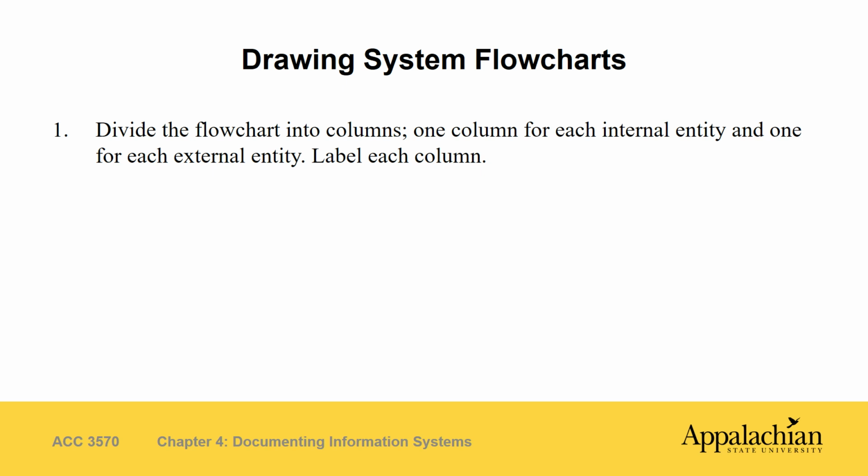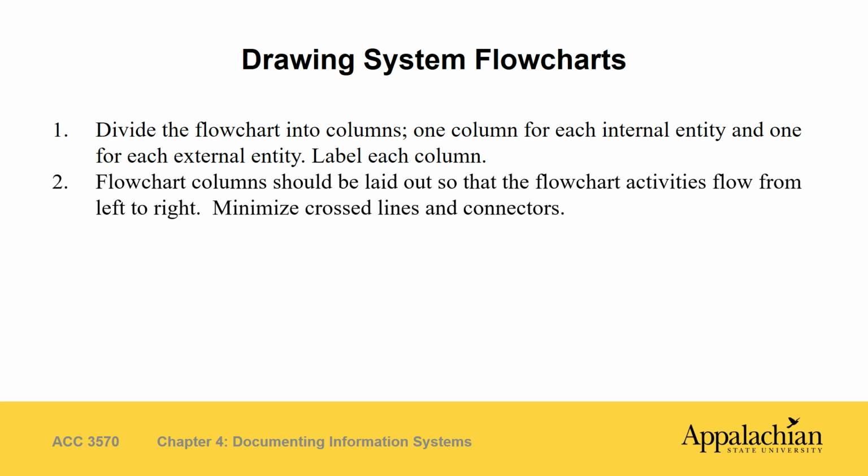First thing is divide the flow chart into columns. One column for each entity. So on each end of the page, you're going to have the external entities, and in the middle, you're going to have the internal entities. And we talked about those in the prior lectures and identifying those in the data flow diagrams we're doing in class and with the Sabrina example.